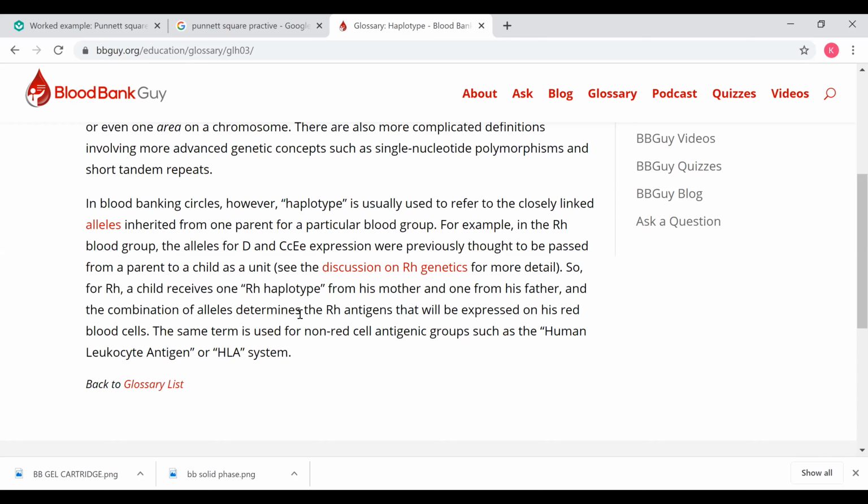So instead of getting just one, they're always together. So if you have a haplotype, you're going to have a big C and a little c, or a big E and a little e. You're not going to have a C and a little e, is what it's saying.